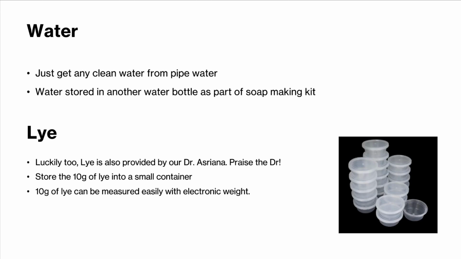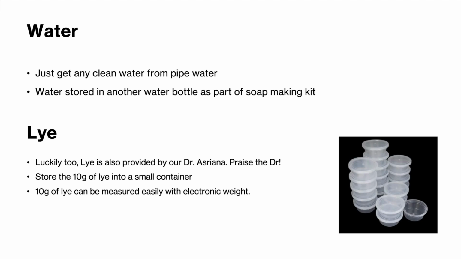And then for the other material, water, just get any clean water from the pipe, any will work. The water is stored in another water bottle as a part of the soap making kit too. And as for the lye, the next material, we are also very lucky that the lye is provided by our doctor. So praise the doctor.